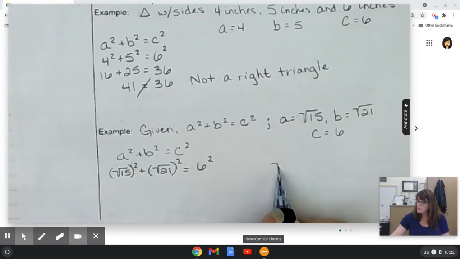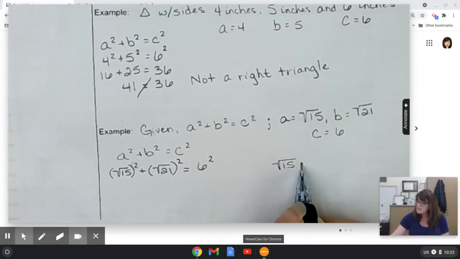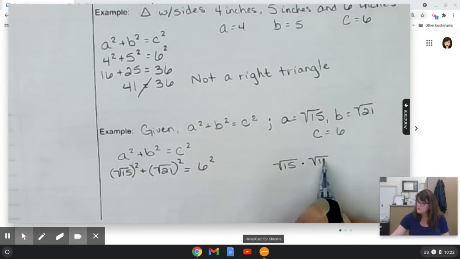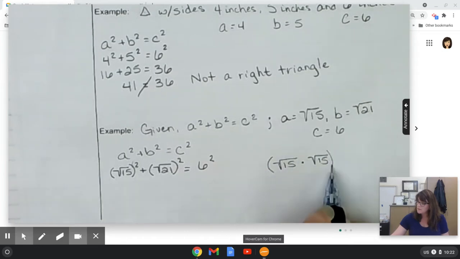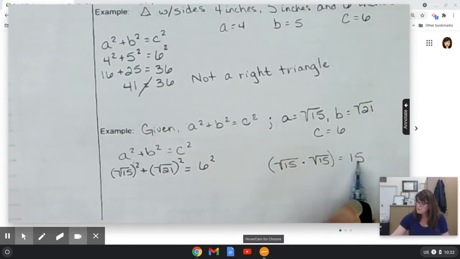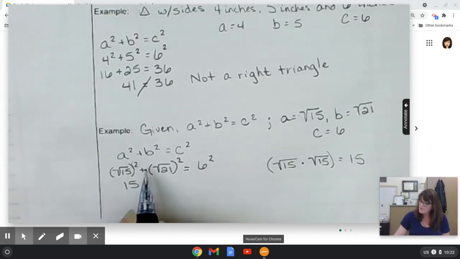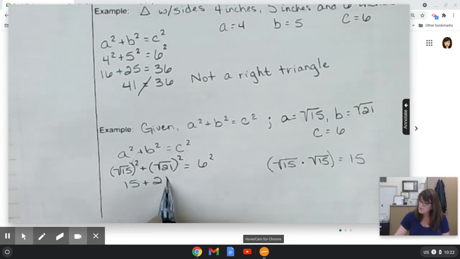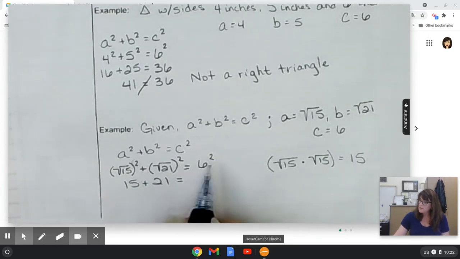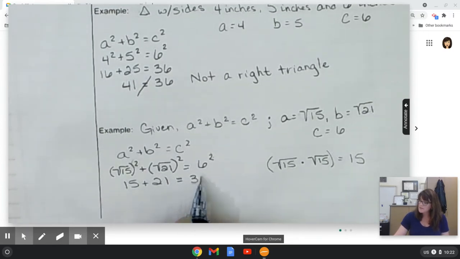So the square root of 15 times the square root of 15 equals 15. It undoes the square root. So now we have 15 plus 21 equals 6 times 6 is 36.